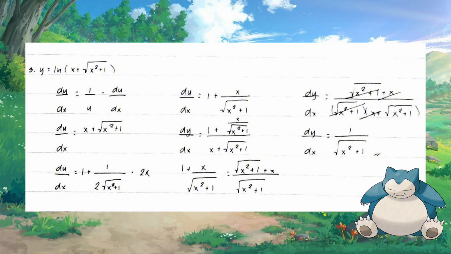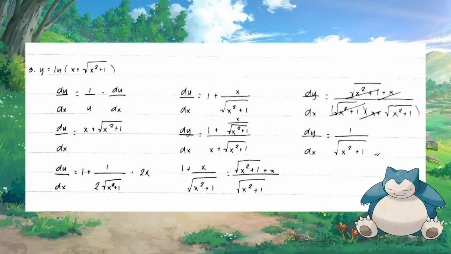Kaya yung magiging answer or yung differentiation ng u ay 1 plus x over square root of x squared plus 1. And then, isa-substitute lang natin to pabalik sa dy dx. Kaya magiging 1 plus x over square root of x squared plus 1 all over x plus square root of x squared plus 1. And then, pwede na natin mas-simplify yung numerator niya.